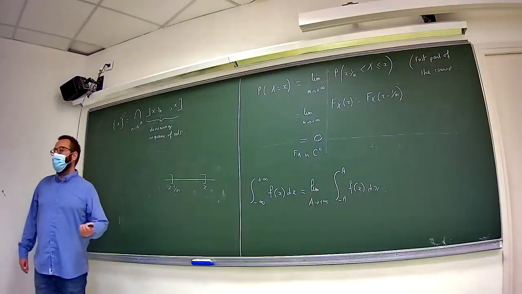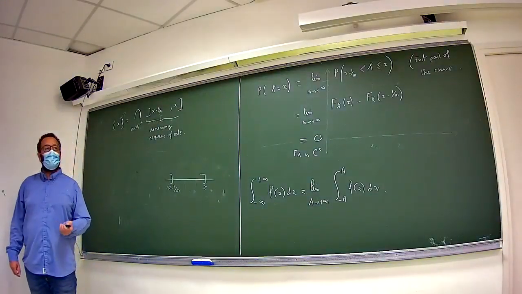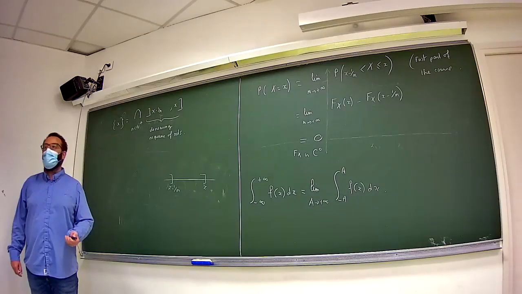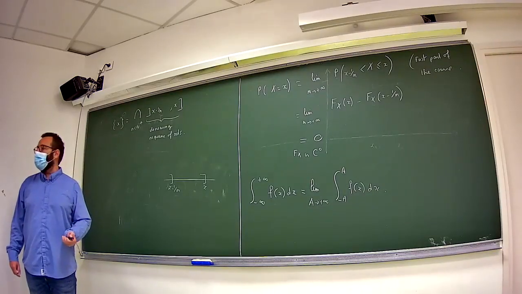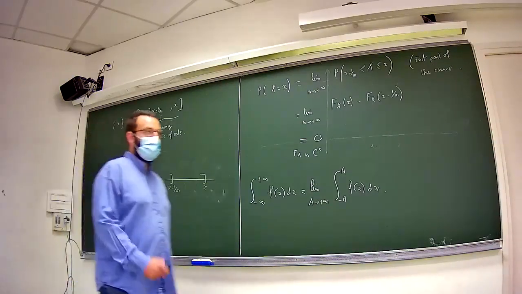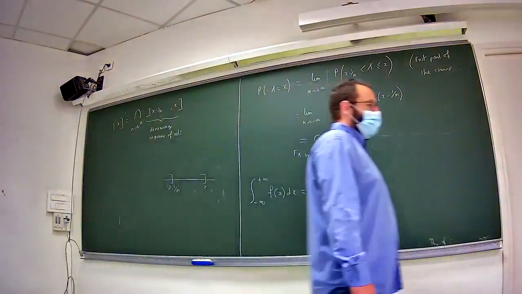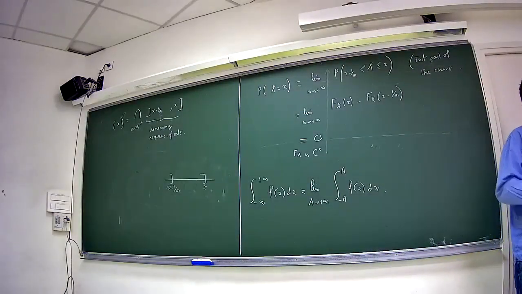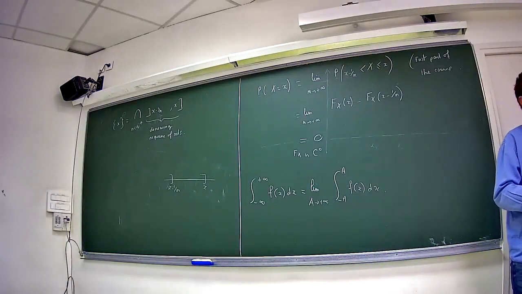But in the case of a density function, no problem, because I impose the integral to be 1. So I repeat, if I want to prove that something is a density function, prove that it is positive, something that is not complicated in general. Continuous except at a finite number of points.